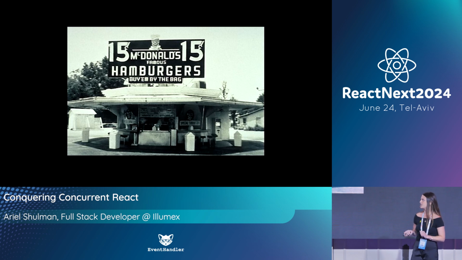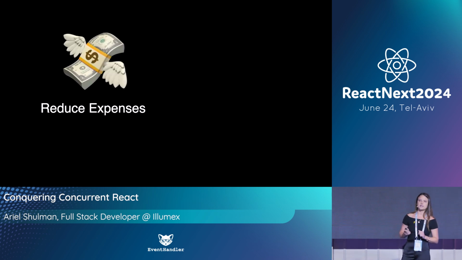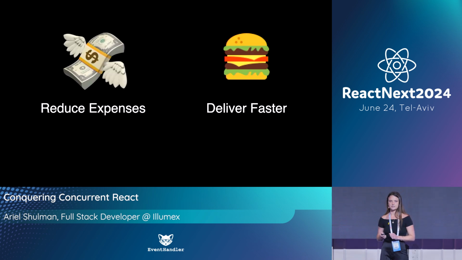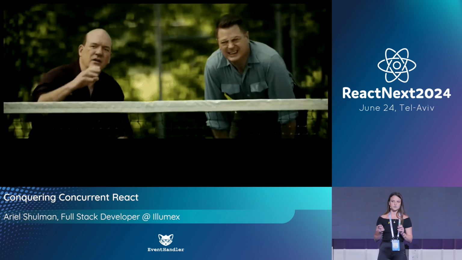1942. The McDonald's brothers, Richard and Morris, redesigned McDonald's because they wanted to reduce expenses and deliver faster. Now, they were limited in technology, limited in money, but they were very, very creative. What the McDonald's brothers did was take their full team for a whole day on a tennis court.